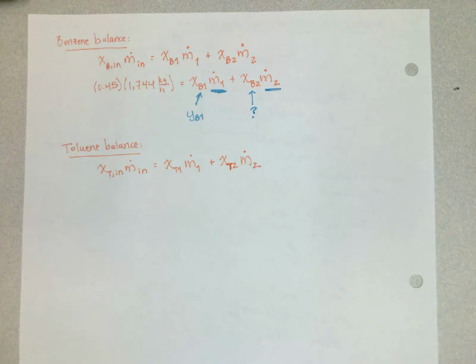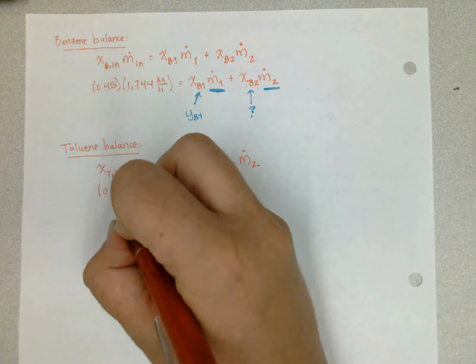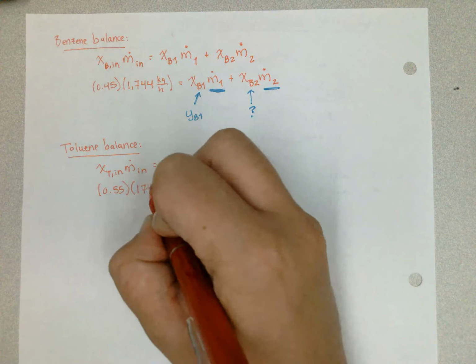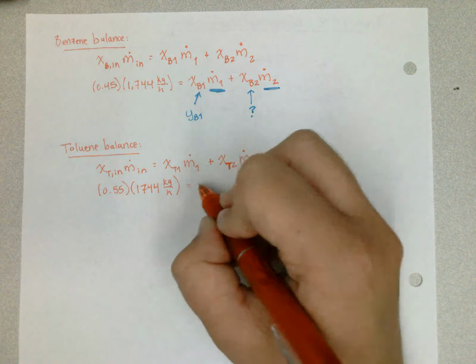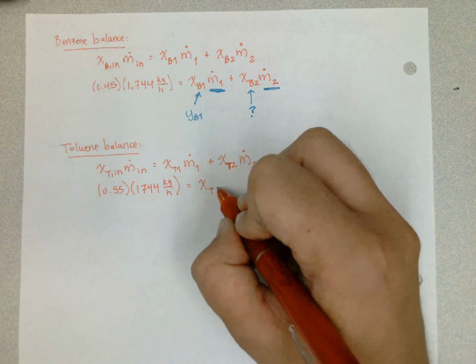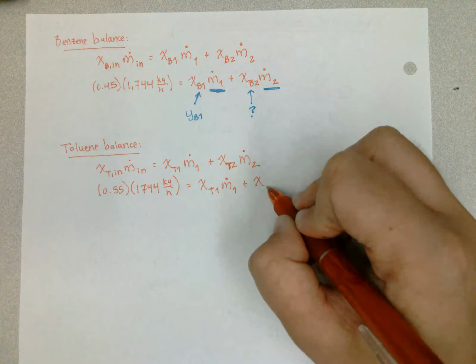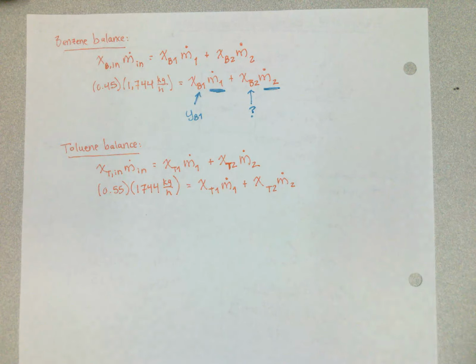All right, what can we plug in? Well, same thing here. We can say that this is 0.55 times 1,744 kilograms per hour. So we've got everything on the left side, but unfortunately, we don't know anything about the right side yet. And so that's kind of a bugger, right? We've got some problems there.